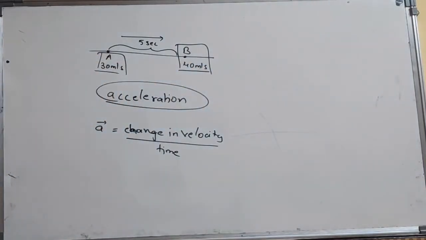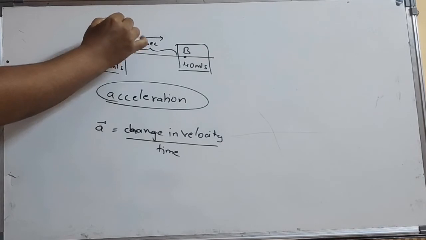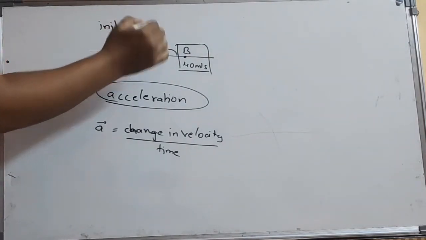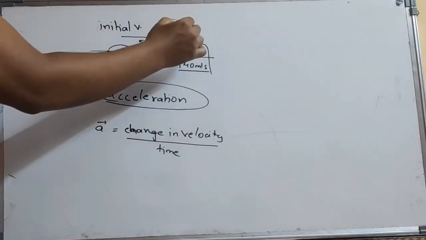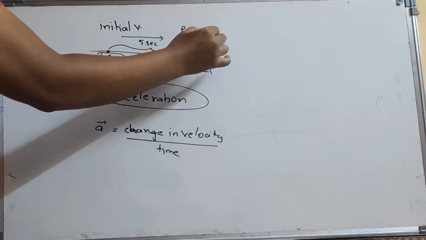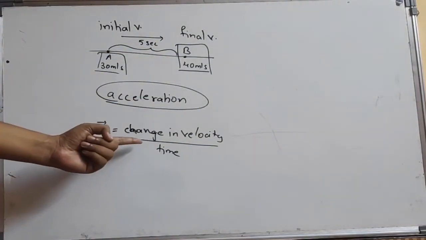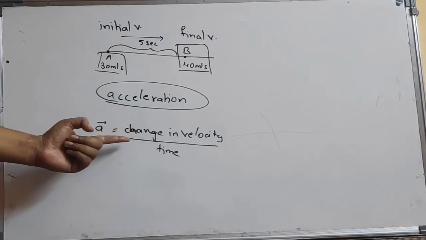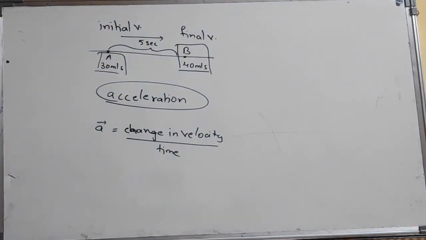The velocity at the start is called the initial velocity, and the velocity at the end is called the final velocity. Understood? Now, how do you calculate the change in the velocity? The change in the velocity is calculated by finding the difference between the final velocity and the initial velocity.